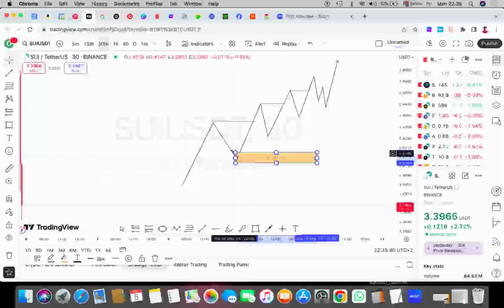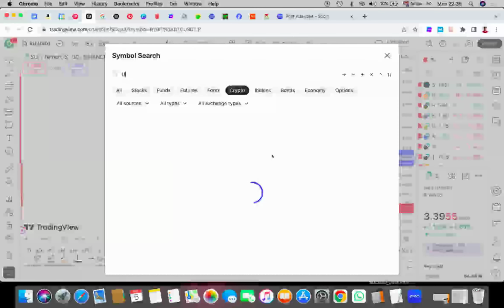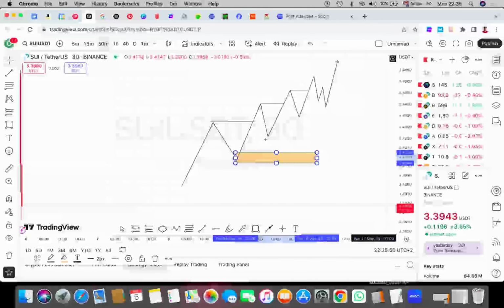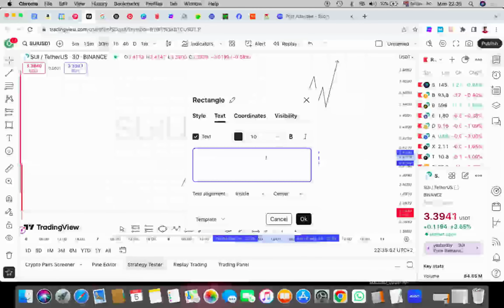If it doesn't come here to pick order, this will be an unmitigated order block. So it's an unmitigated order block, but we know that it's an order block, OB.